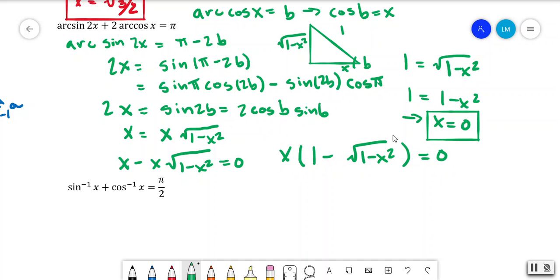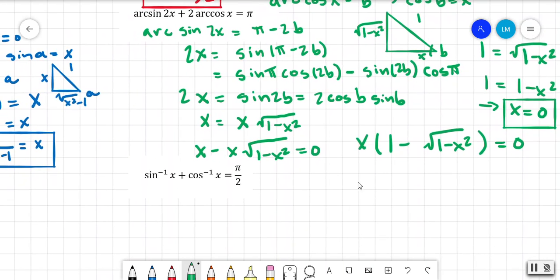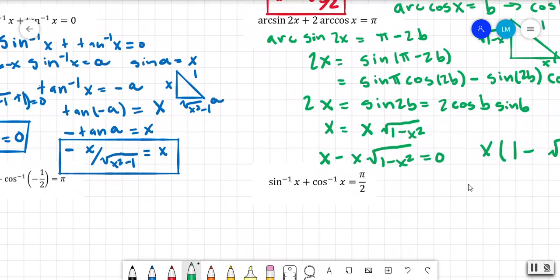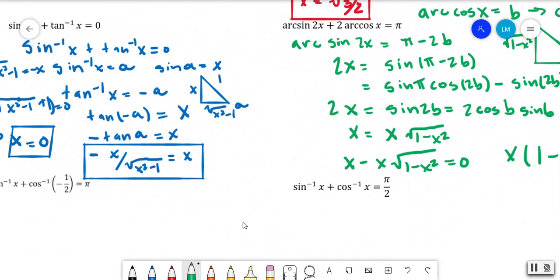So it appears that the only solution that we do have is x equals 0. So essentially the previous problems both were just 0. But notice that you're coming up with these algebraic equations, which at that point are just a repeat of those questions that involve radicals.